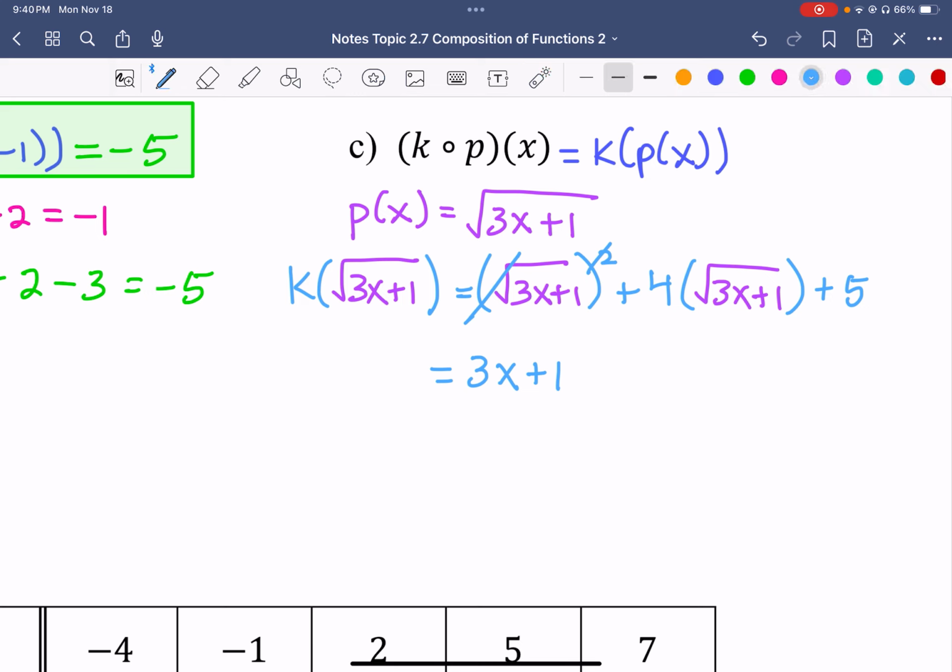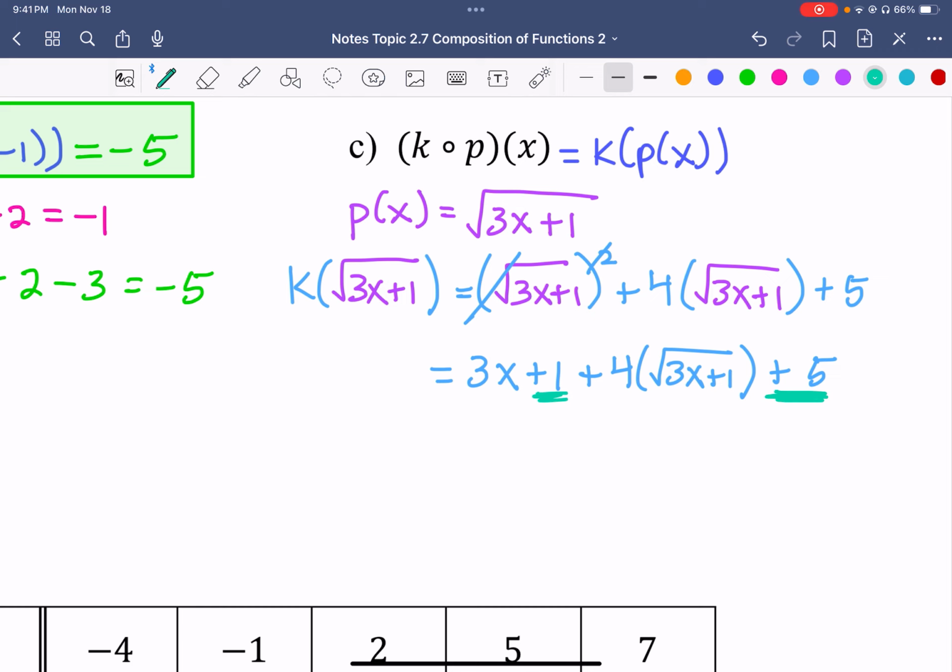You first have to do everything that is inside the parentheses because PEMDAS says parentheses first. So for this one, you would not be able to simplify it. Even though it looks ugly and weird, you would just leave it like that. And then we still have the plus 5 that was added in the end. And then notice that these over here are like terms, the 1 and the 5.